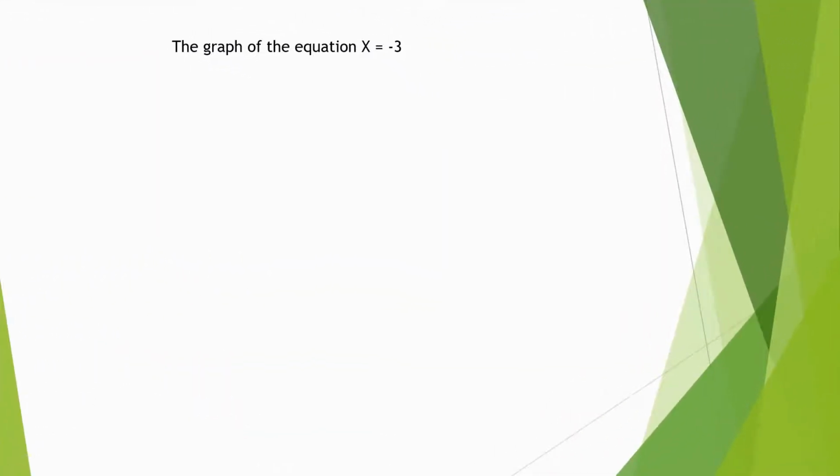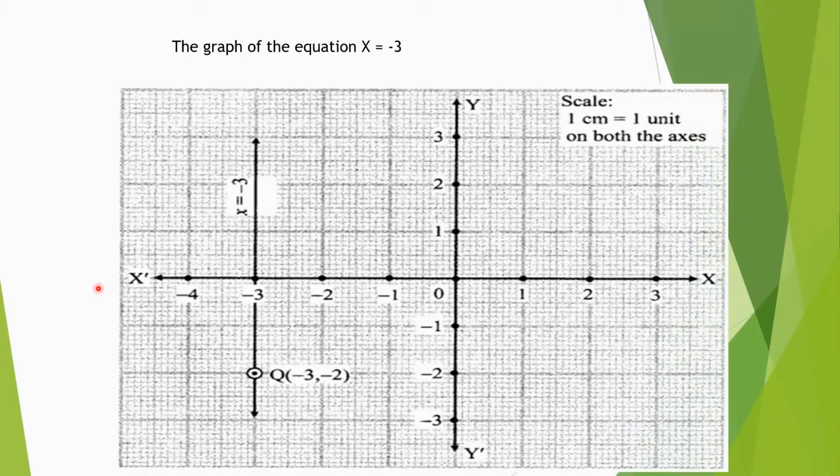Draw the graph of the equation x is equal to -3. On a graph paper, first draw the x-axis and y-axis. This is x dash and y dash. The intersection of the x-axis and y-axis is the origin, that is, the coordinate is (0, 0).